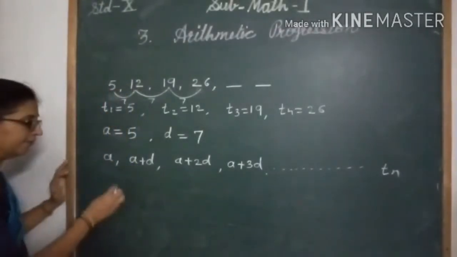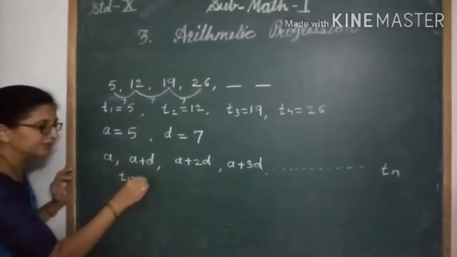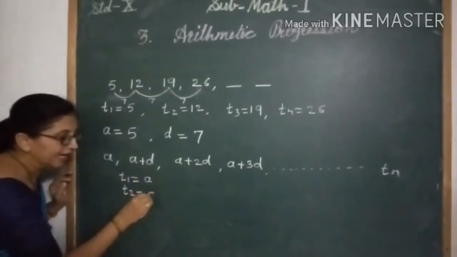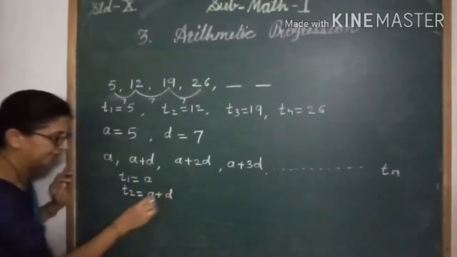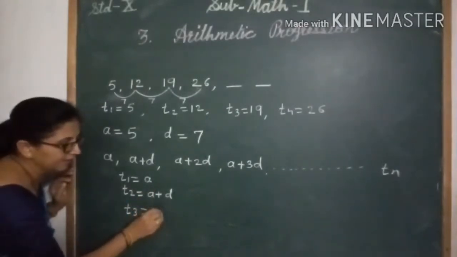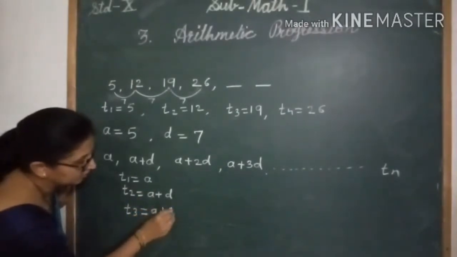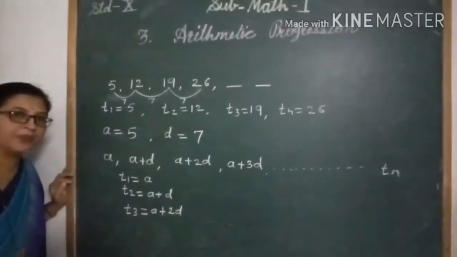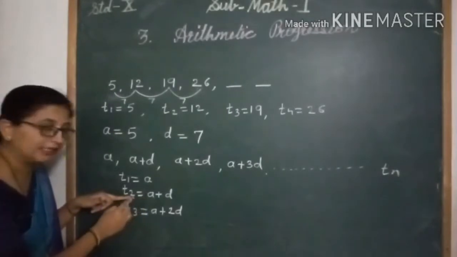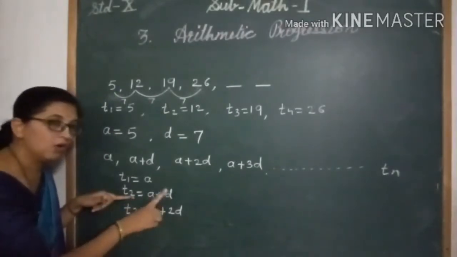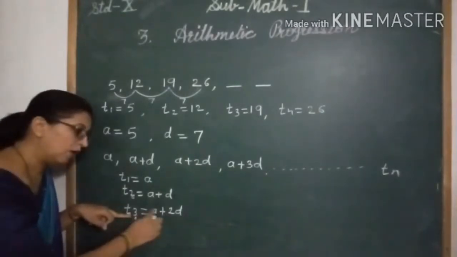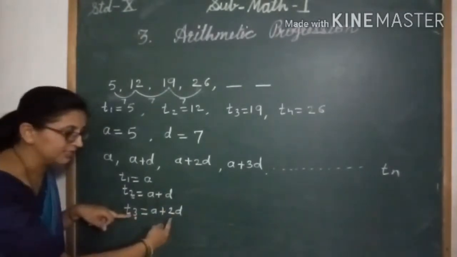We can say that T1, that is the first term, is A. T2, the second term, is A plus D. T3, the third term, is A plus 2D. Okay, it's very simple. You just see here, if you want to find the second term, then we have to take 1D. If you want to find the third term, then we have to take D 2 times, that is 2D.